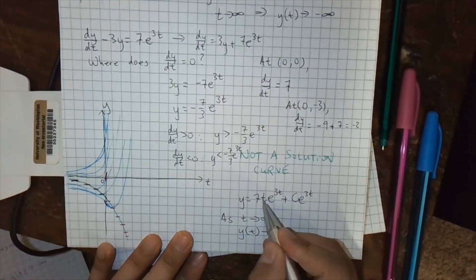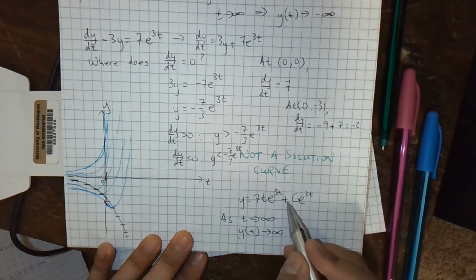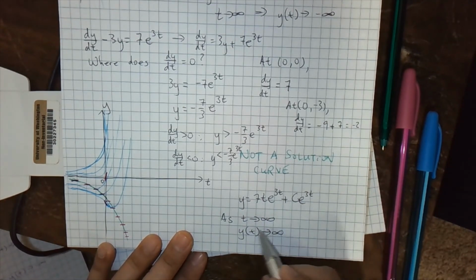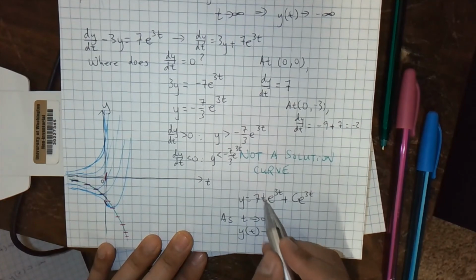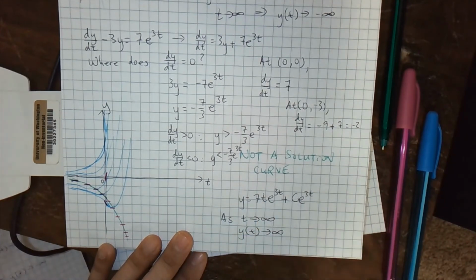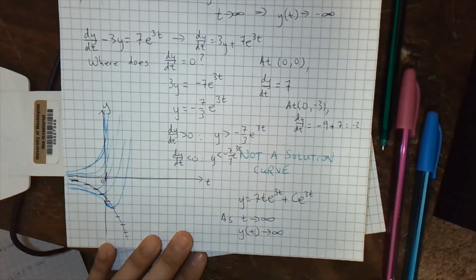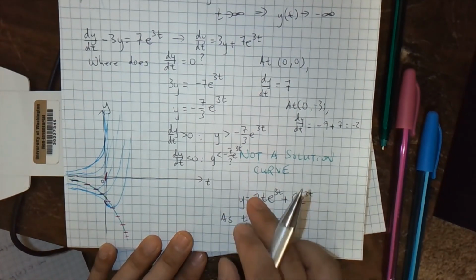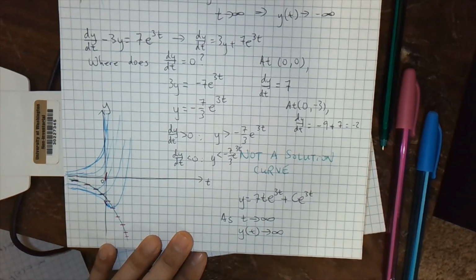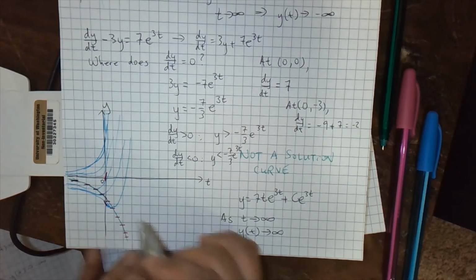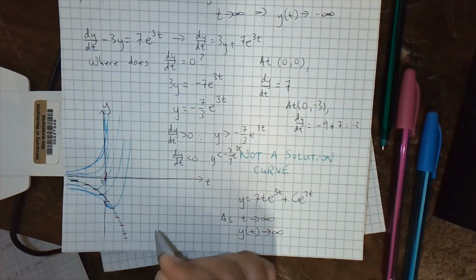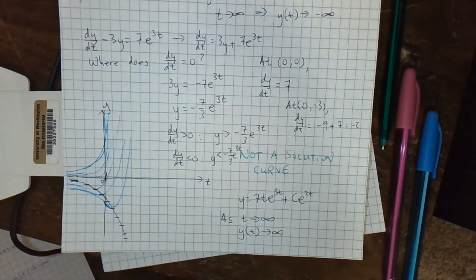Right, because I have a t e to the 3t here, even if c was negative 100, as t goes to infinity, at some point this is going to be positive, a bigger number than 100. And actually I have my 7 here, but even if I didn't, as t goes to infinity, this thing is going to be bigger than this thing. So y is going to go to positive infinity. It might dip down really negative for a while, but then it'll come back up.